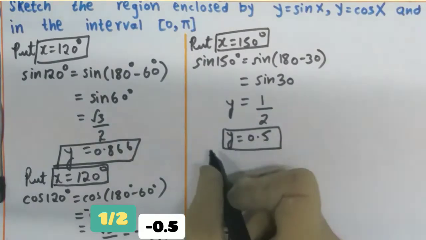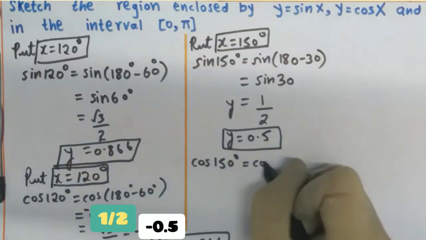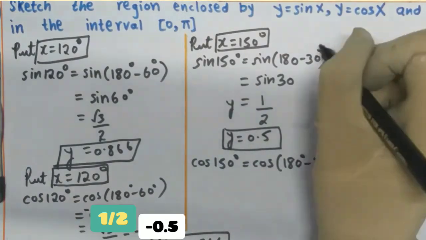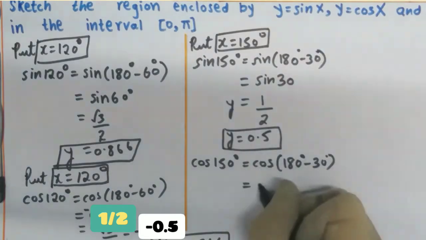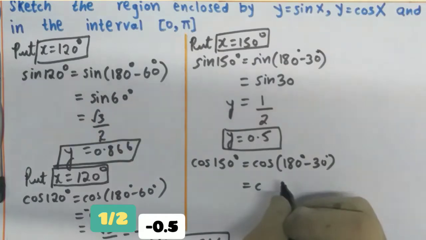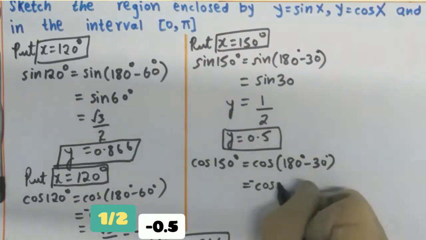Similarly, find out cos 150. Again, 150 can be written as 180 minus 30, because we know 180 minus 30 is 150. But 180 minus theta means it lies in the second quadrant. In the second quadrant, cos is negative. So we'll have minus cos 30.